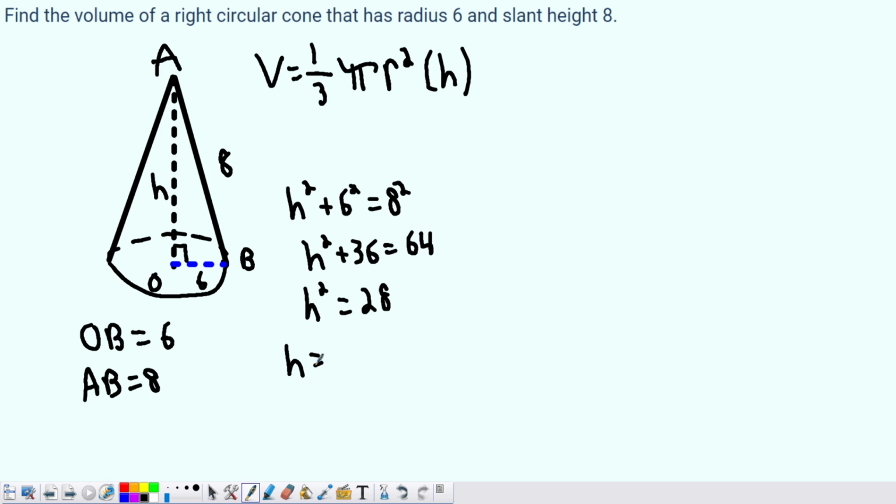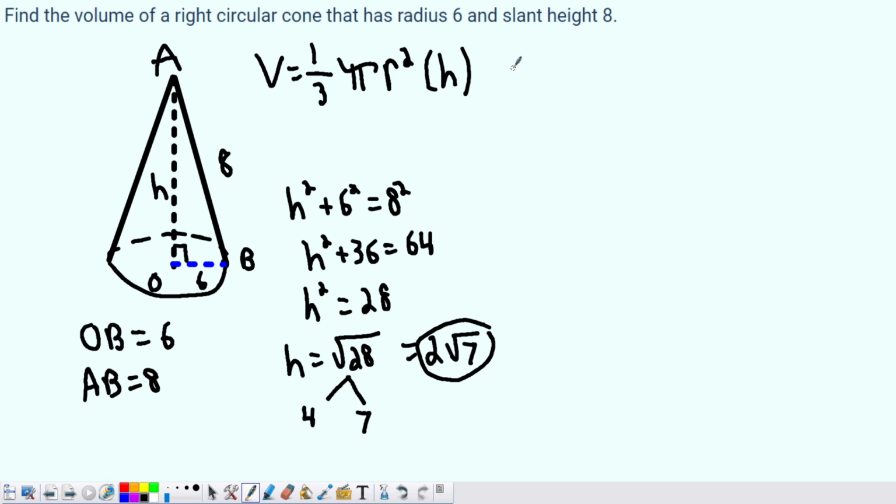H therefore equals the square root of 28. 28 can be broken down into 4 times 7. So I know the square root of 4 is 2, and I can just keep the square root of 7, and we can get this value for our height.